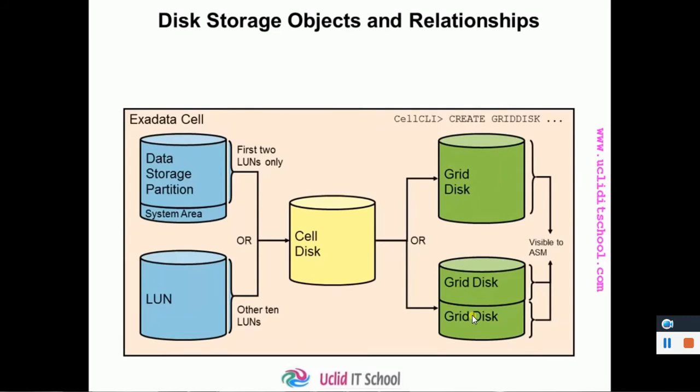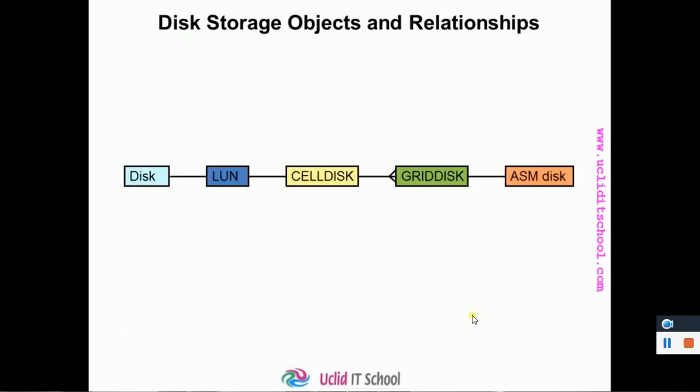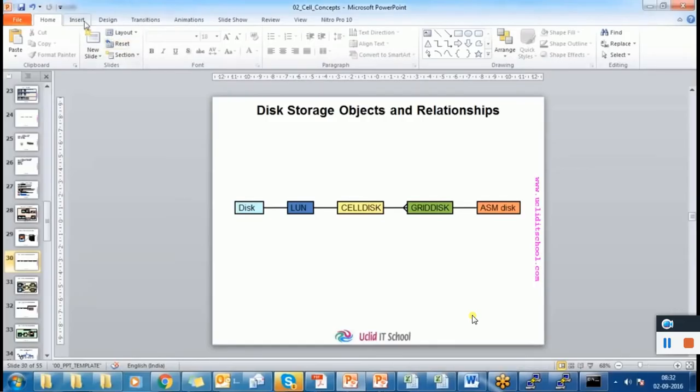Okay. So in other, yeah, please go ahead. So this is, you know, the lower level, the physical disk. If I understood, disk is representing a physical disk, whether it is a flash or a regular disk, right? Correct.